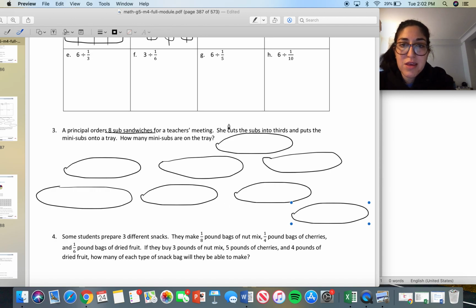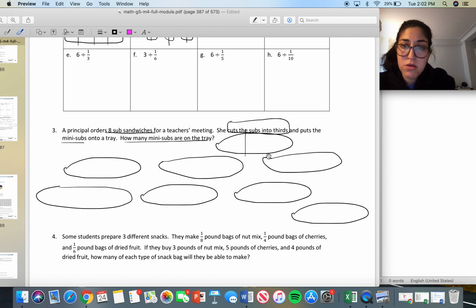She cuts each sub into thirds and makes these new mini subs, right? And the question is, how many mini subs does she have? How many mini subs are on this tray? So what do I need to cut it into? Thirds. So let me do that.